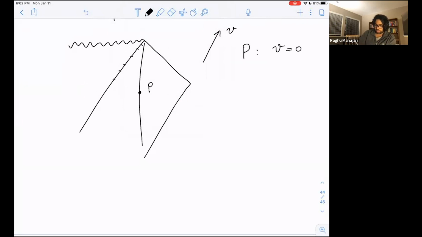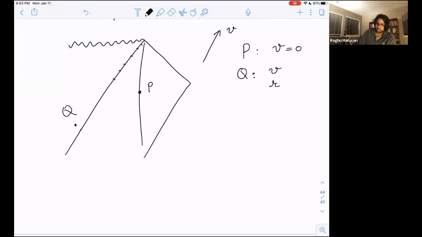Q will end up lying to the past of P, somewhere here, somewhat inside the horizon. Up to now, all our quantum extremal surfaces lie outside the horizon, because we were in an eternal black hole. Here it actually lies inside. So here's the point Q. Our goal is to find the coordinates of Q. What is the V coordinate, and what is its R? How deep inside the horizon is it?